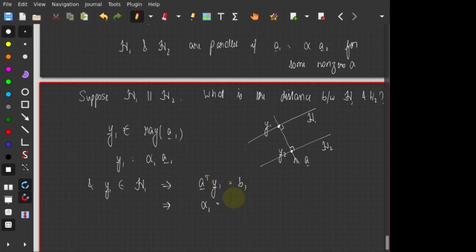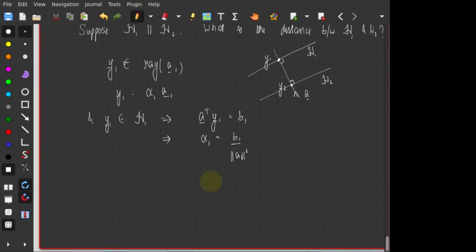Yes, p1 divided by norm a square. And so what is y1 equal to? Well, there's only a, right? There's no separate a1 and a2. So y1 is p1 times a divided by norm a square.